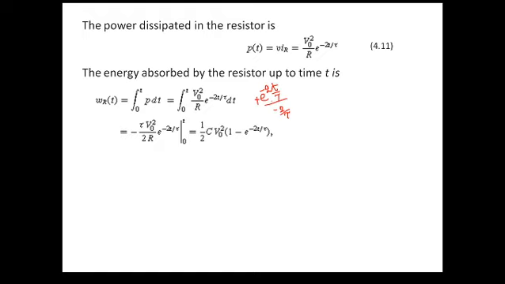So that is minus tau by 2 times V naught square by R, the same constant, just keeping it aside, into e power minus 2t by tau with the limits 0 to t. Substitute these values, higher value minus lower value, and you will get the expression for the energy, where tau is equal to RC.